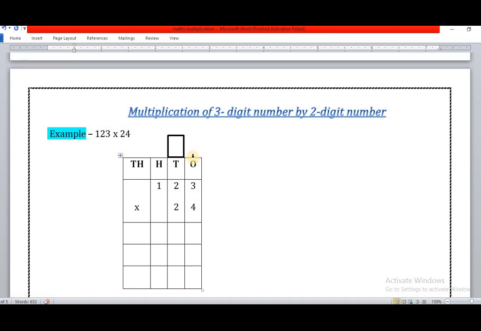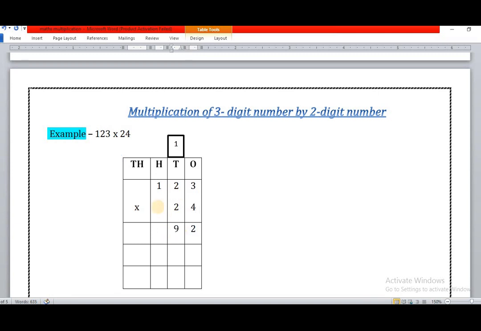Step 1. I have to multiply the number in ones place by 4. 4 threes are 12. 1 is carried on, which I will write in tens place. Second step, you have to multiply the number in tens place by 4. 4 twos are 8 plus 1 is there.